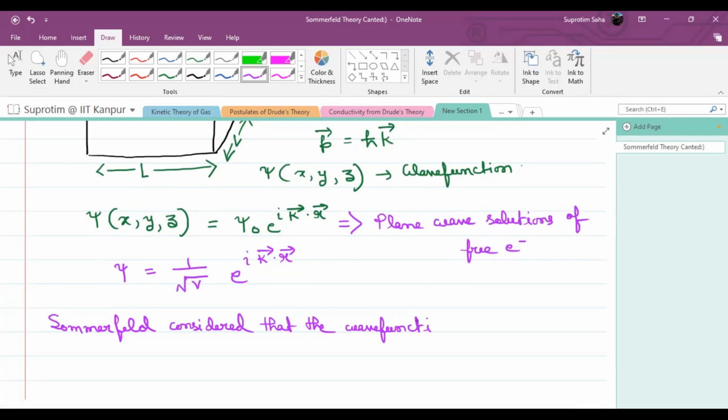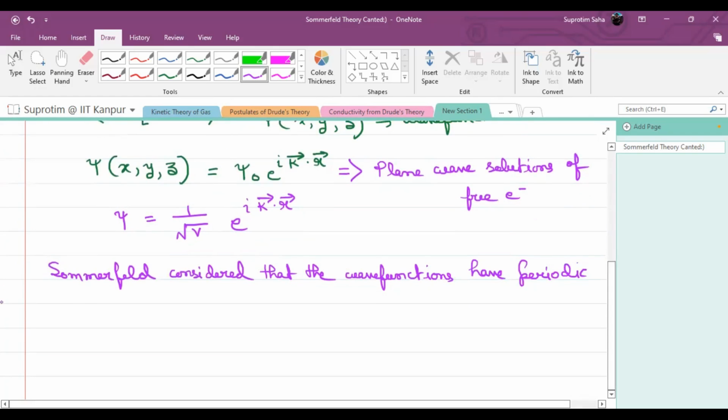We consider that the wave functions have periodic boundary condition. So what does this mean? Psi with subscript k denoting the wave vector, let me write down in one dimension, psi k of x is equal to psi k of x plus L. This is your periodic boundary condition.